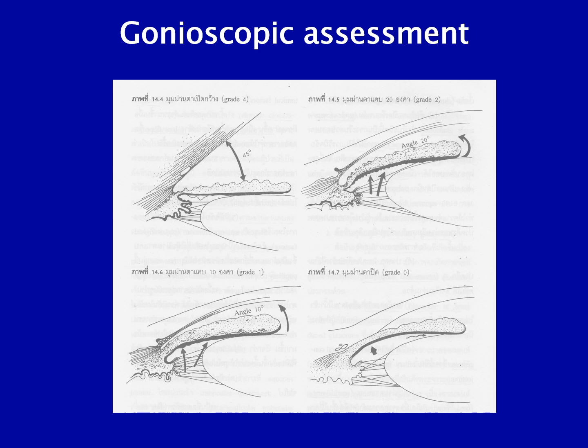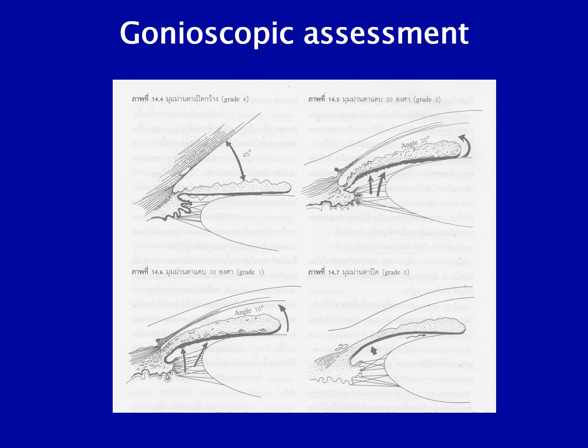In grade 3 angle, you can visualize the scleral spur with the help of a gonioscope. And grade 2 and grade 1 angles are occludable angles. In grade 2, with the help of a gonioscope, you can only visualize the trabeculum and the end of the Descemet's membrane.